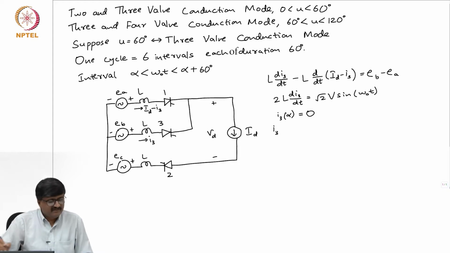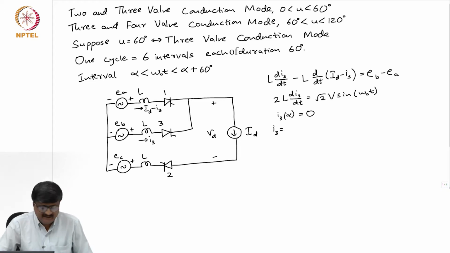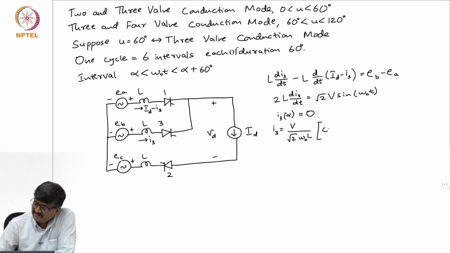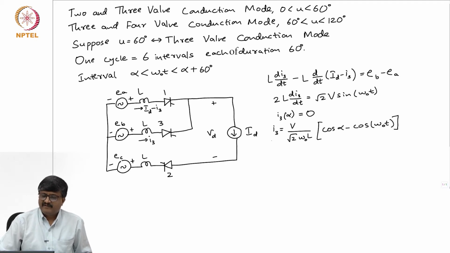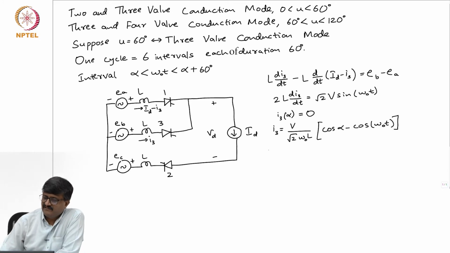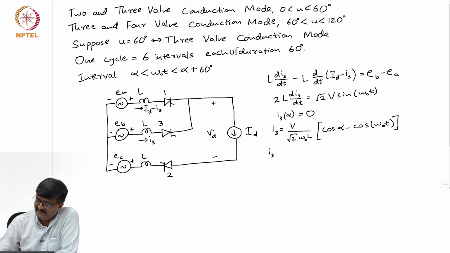We get the solution as I3 equal to V by root 2 omega L into (cos alpha minus cos omega t). This is the expression for I3 from alpha to alpha plus 60 degrees. At alpha plus 60 degrees, I3 reaches the value ID.